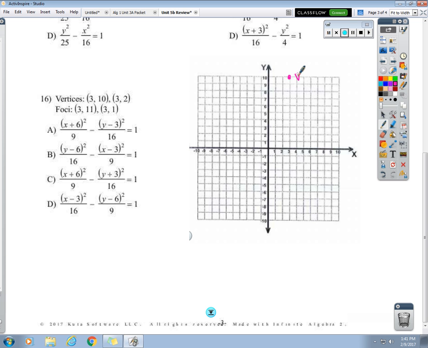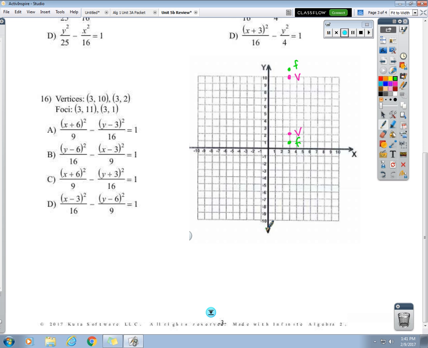I'll put a V by that so I know that's a vertex. And then 3, 2, right 3 up 2, and that's another vertex. Then they tell me my foci points are at 3, 11, so right 3 up 11, and that's F for foci. And then 3, 1, right 3 up 1.